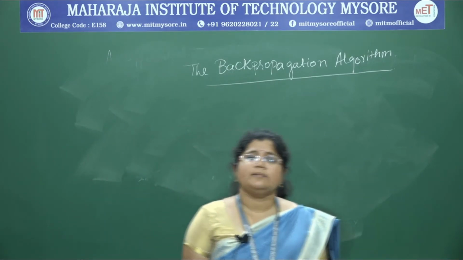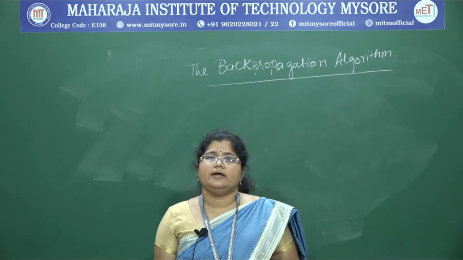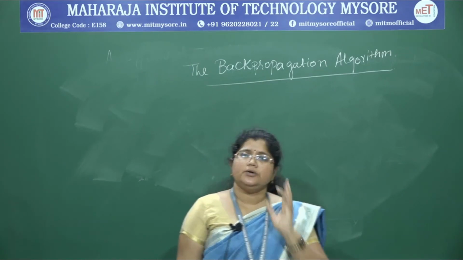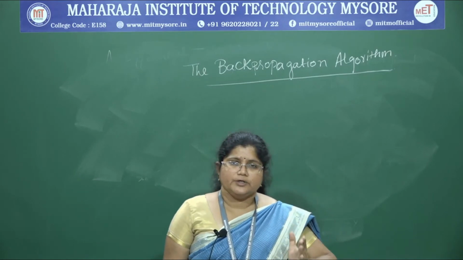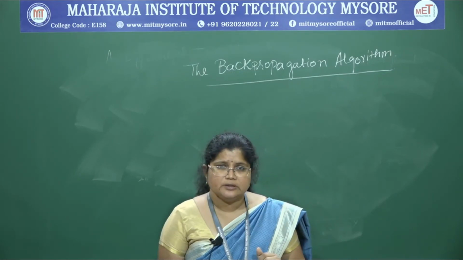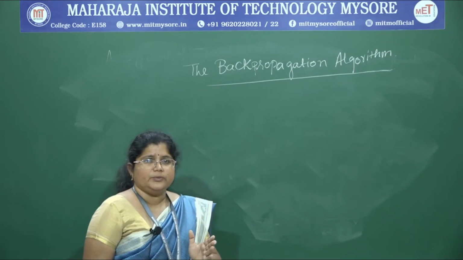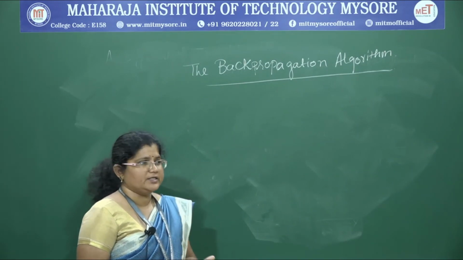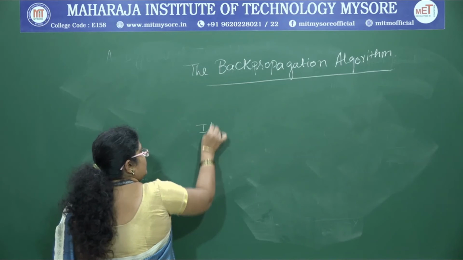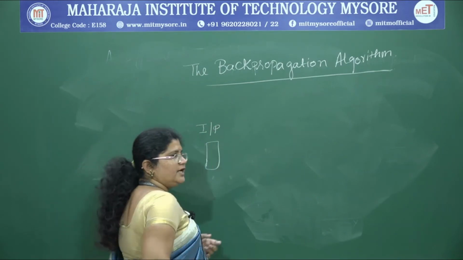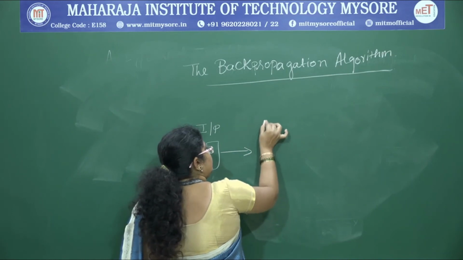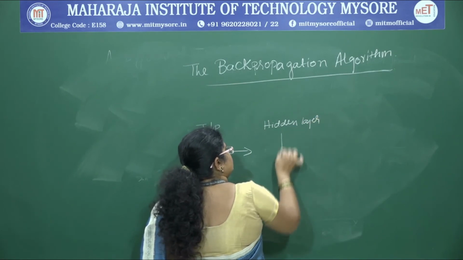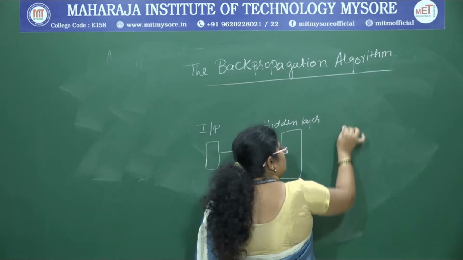Now let us look at the backpropagation algorithm. Why are we implementing the backpropagation algorithm for this multi-layer neural network? One thing you have to remember here is, whenever we come across a multi-layer neural network, it comprises 3 layers: the input layer, next the hidden layer, next the output layer.